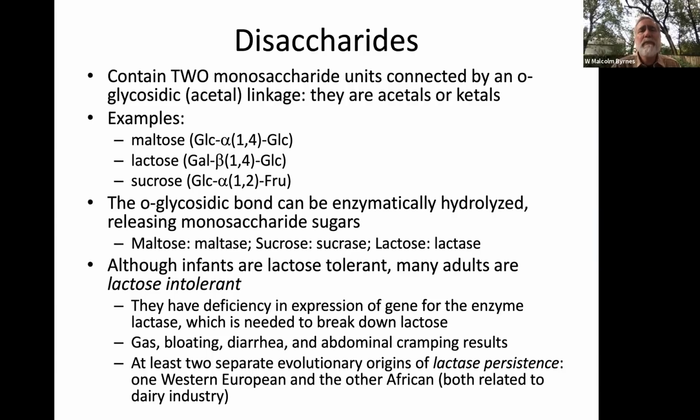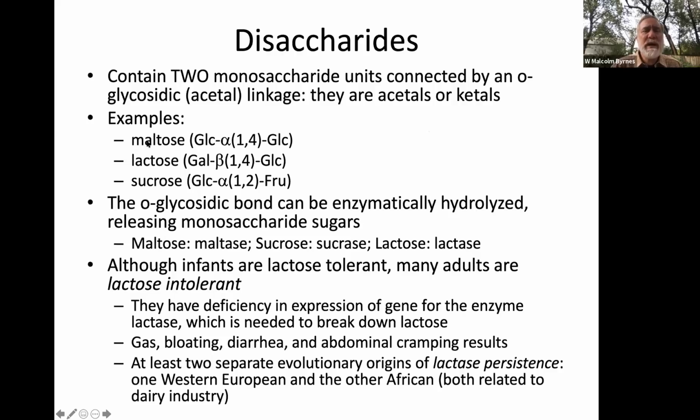These disaccharides are either acetals or ketals. So for a disaccharide like sucrose, that linkage would be called a ketal linkage, whereas for maltose, it's an acetal linkage. We'll look at those.